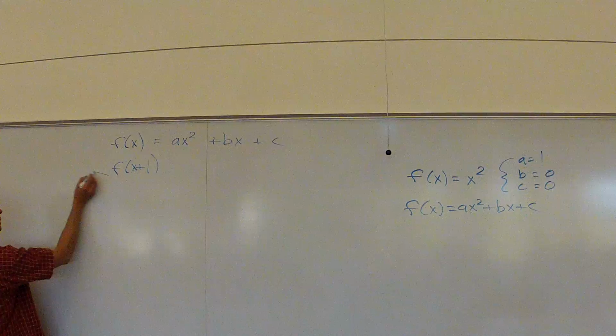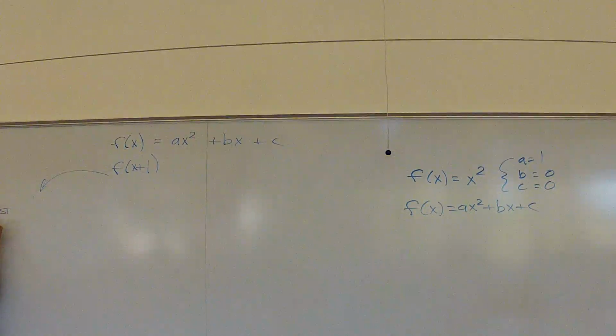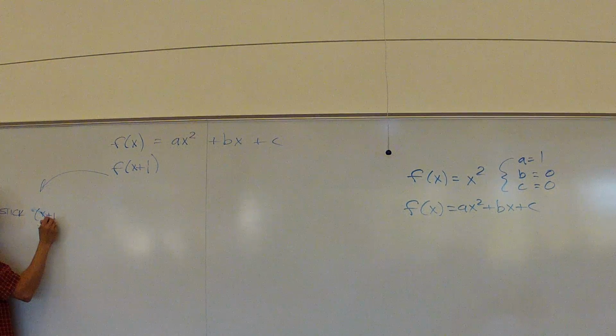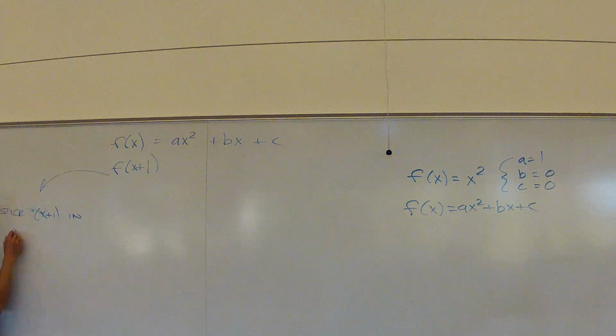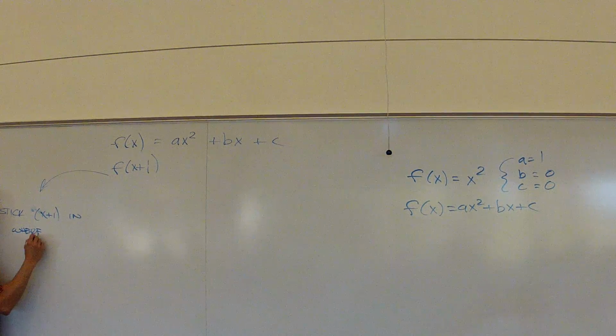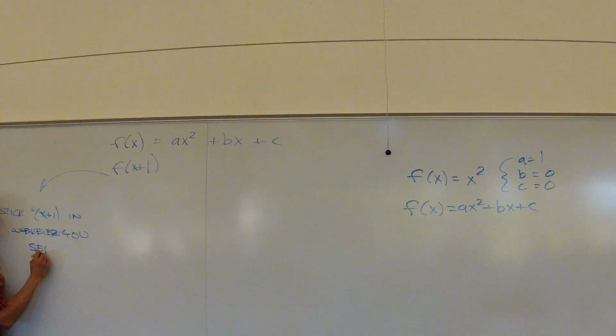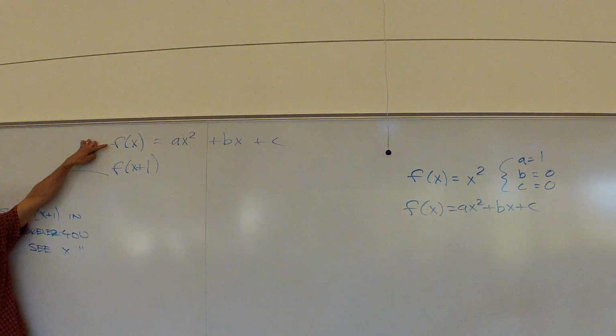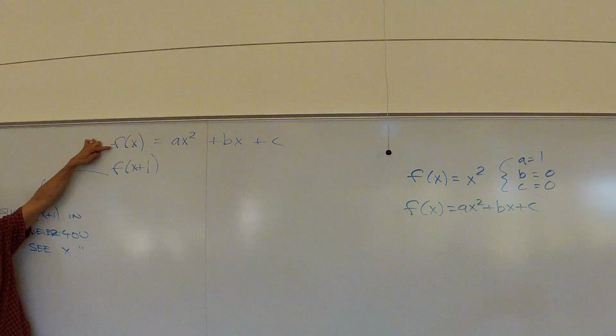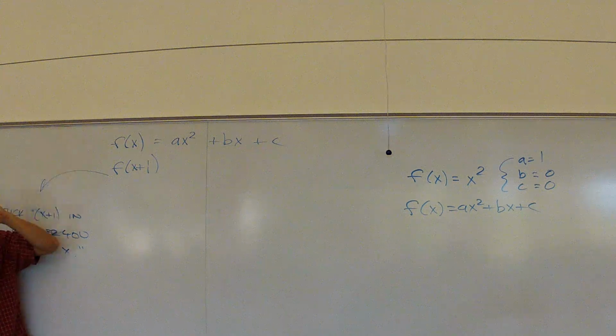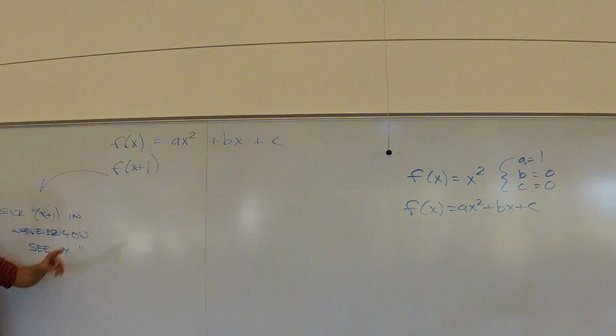So what this means in words is stick x plus 1 in wherever you see an x. Up here, you stick x in wherever you see x. Well, that's kind of silly, it's already there, so you're done. This means stick x plus 1 in wherever you see x.